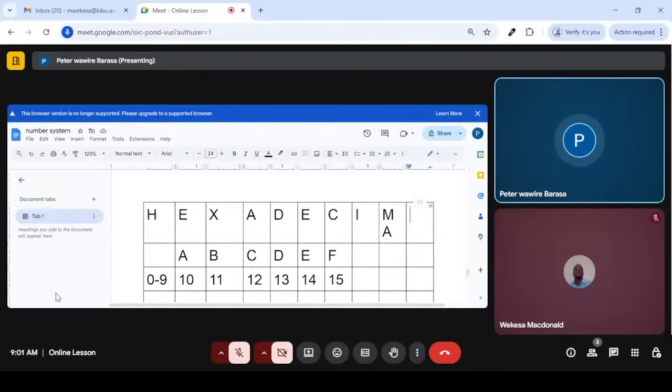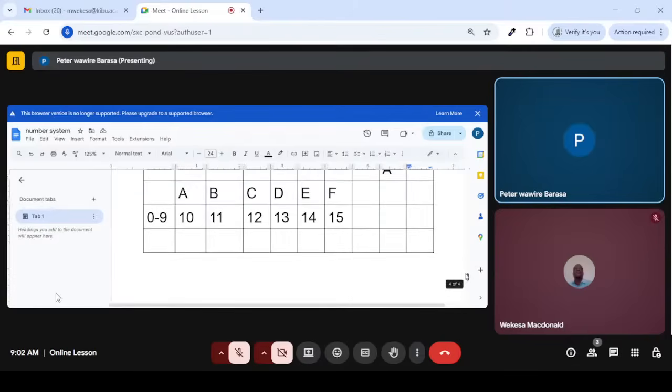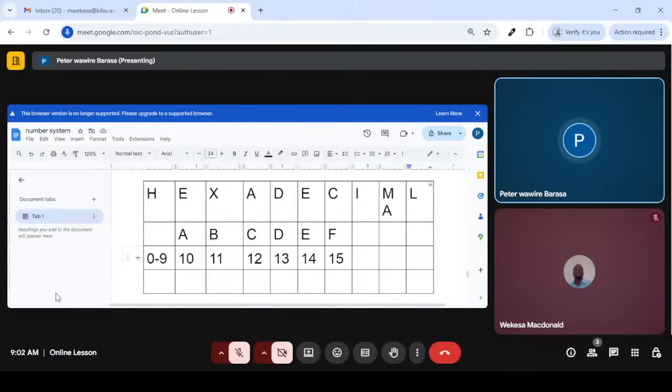So now let us see how to convert a number into hexadecimal, because all the hexadecimal numbers run from, I've told you, they run from 0 to 9.